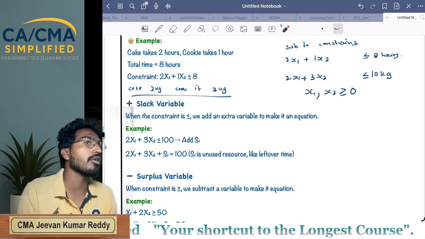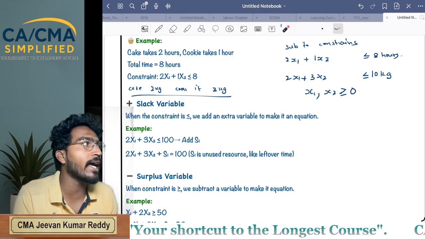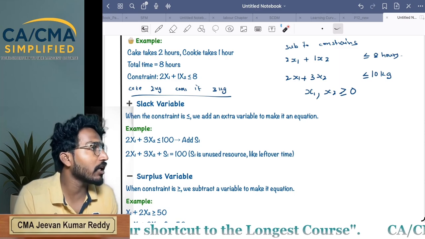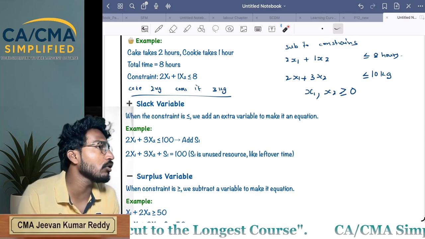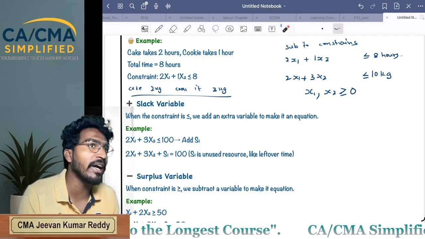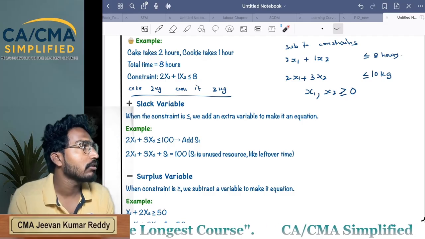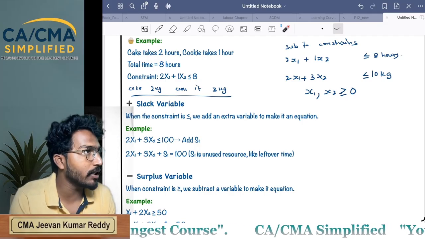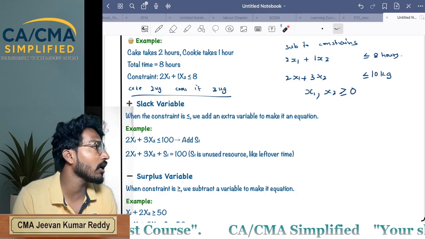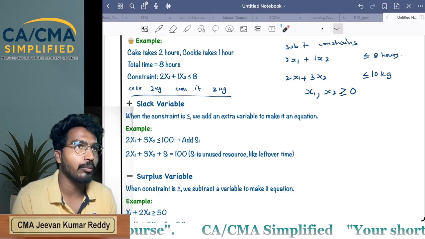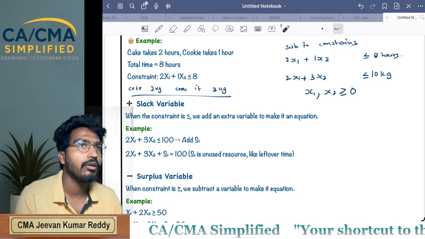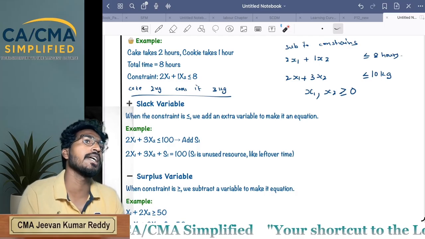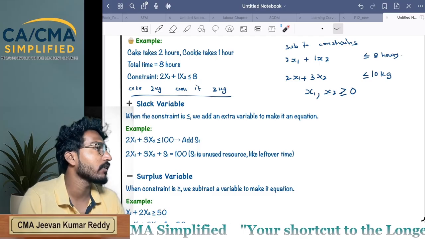That means your production must be greater than or equal to 0. Your production will not go negative. Will you make -1 cakes? Will you make -1 cookies? No. You can produce 0 units or 1 or 2 units, but you can't produce -1 units or -2 units. Yes or no?